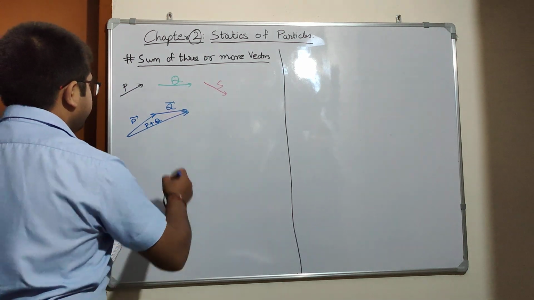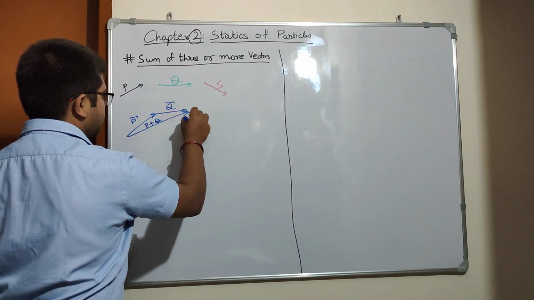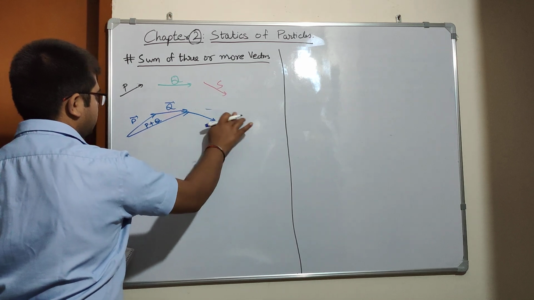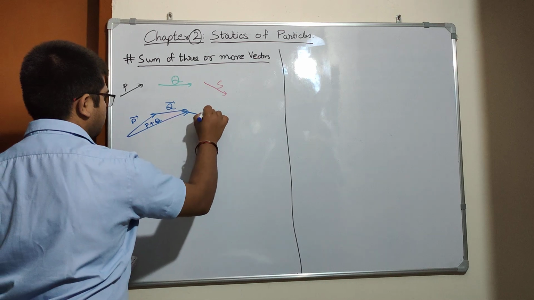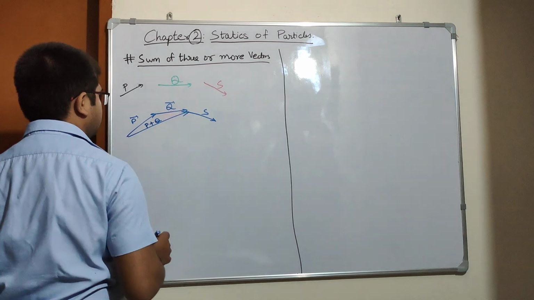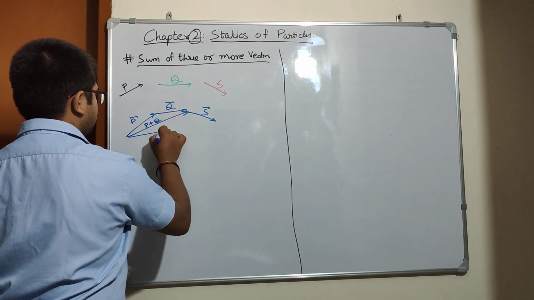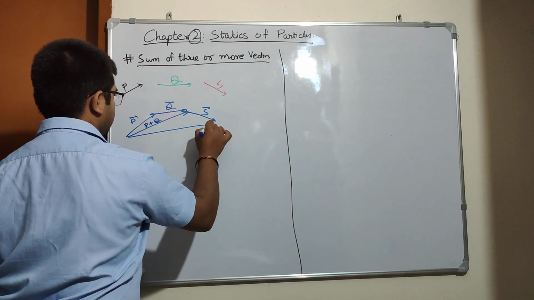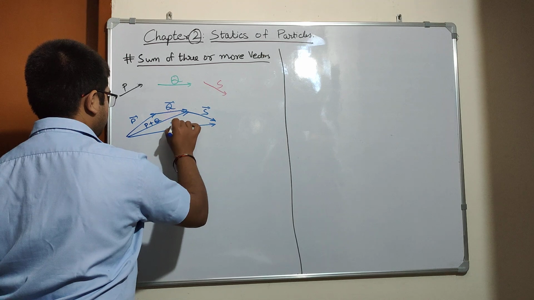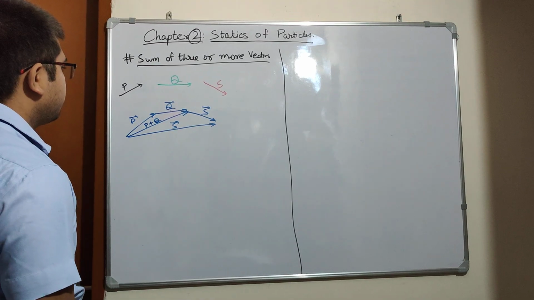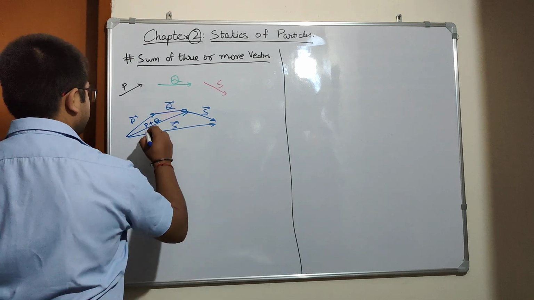Then if we add s to this vector, this will become p plus q plus s.